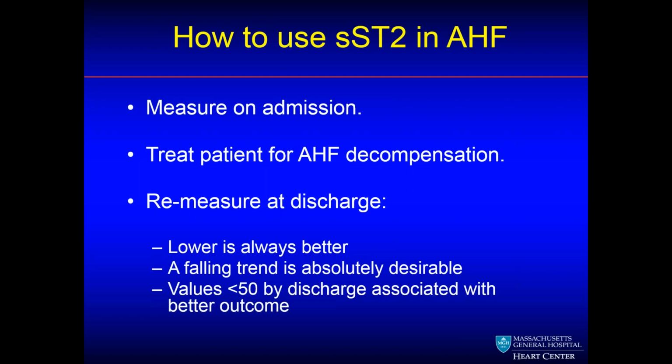If it is possible to get a patient under 50 nanograms per milliliter by discharge, this is desirable. Certainly less than 75 would be, we would hope to see. If a patient remains above 50 to 75 nanograms per milliliter on discharge, they remain high risk and should be followed up very carefully after discharge.